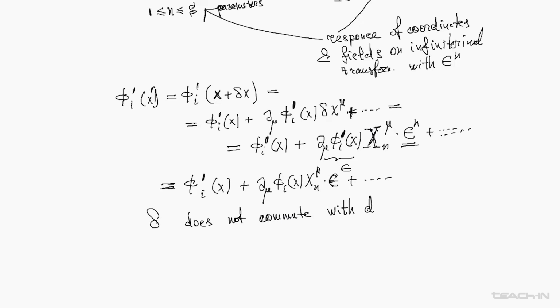Why is this? Because the variation delta encodes an effect of both the change in coordinates and the change in fields. This variation is due to both the change of the form of the field and the change of the argument of the field. So this variation delta phi encodes both the variation of coordinates and the variation of the form of the field.